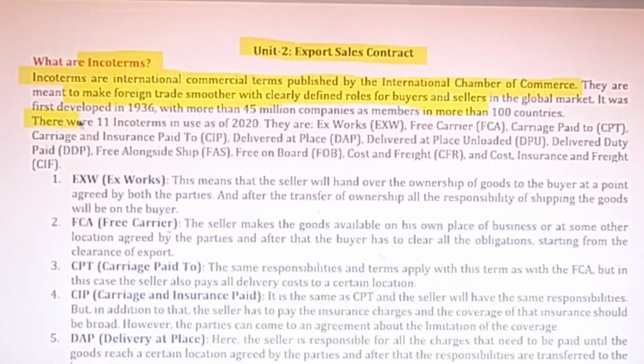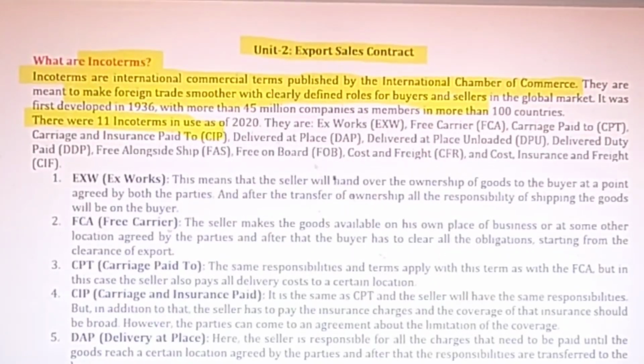Basically, there are 11 Incoterms as of 2022.